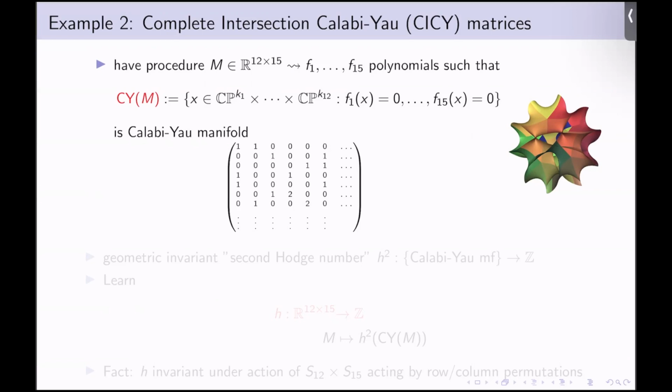So here's one entry from this list of 8,000 matrices. This is the first entry on the list. I only drew 7 rows and 6 columns, and then it should be extended by zeros to the right and by zeros to the bottom.